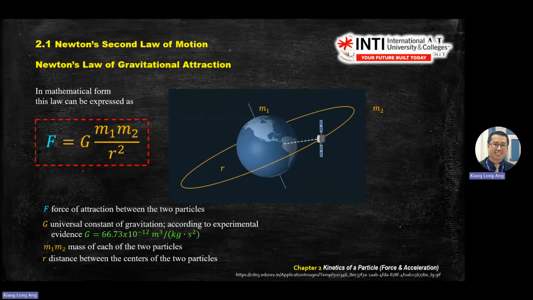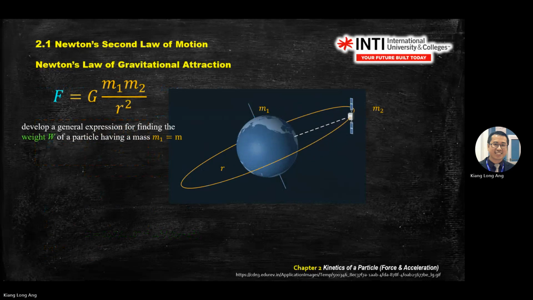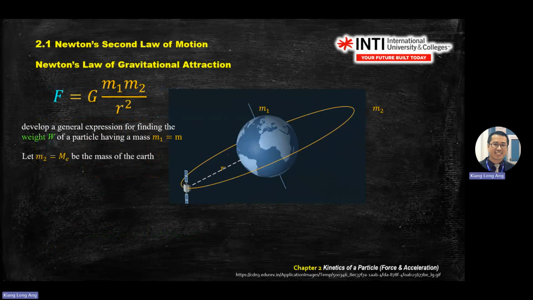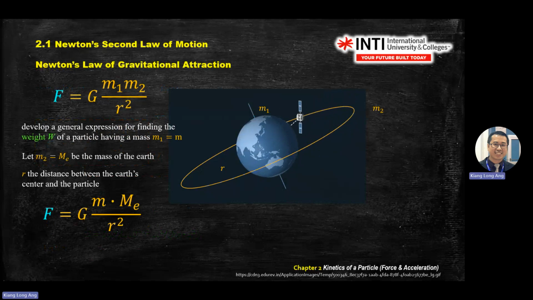So this gravitational attraction applies when you talk about astrophysics and so on. Let's substitute M1 as capital M E. We know that our weight equals mg, so F equals mg.